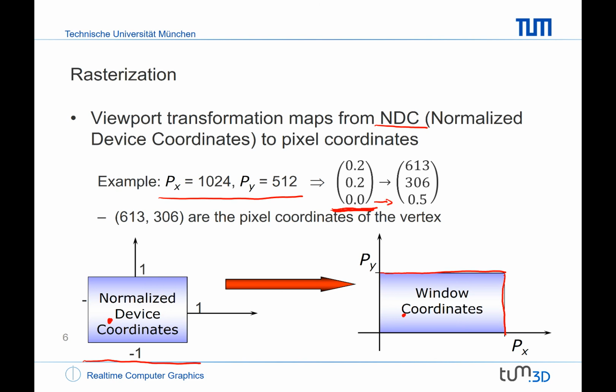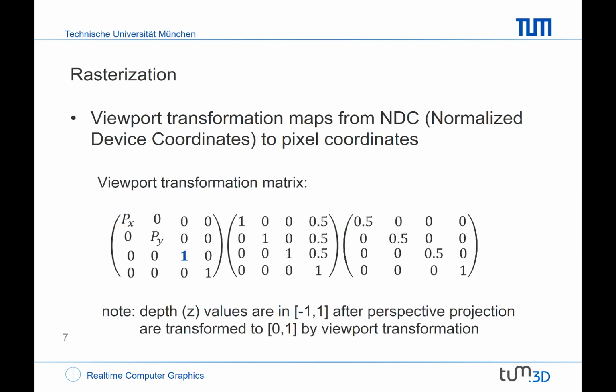You see that the z coordinate after the perspective division is not transformed to a pixel coordinate, but rather that z-coordinate is mapped from -1 to 1 in NDC coordinates to 0 to 1 in viewport coordinates. That's the only difference. So we handle the z-coordinate here differently than the x and the y-coordinate. Okay, and now let's look at how the transformation looks like, which performs that.